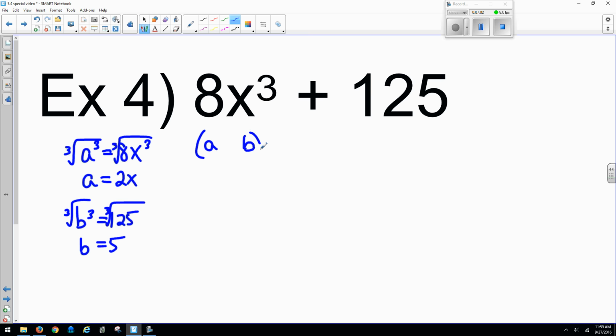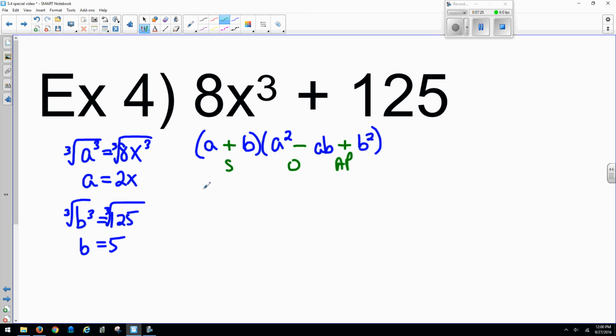So here's the rule again. A, b, a squared, b squared, ab goes in the middle. Then I'm going to follow SOAP. I'm going to start with the same symbol. This is the opposite symbol, and this is always positive.